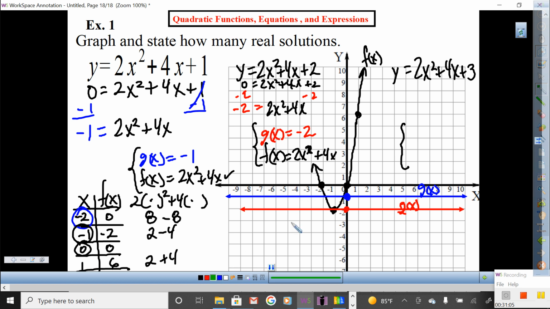G of x is what? Negative 3, and f of x? That is correct. So if you were to graph f of x, it's already there. And g of x would be through negative 3.